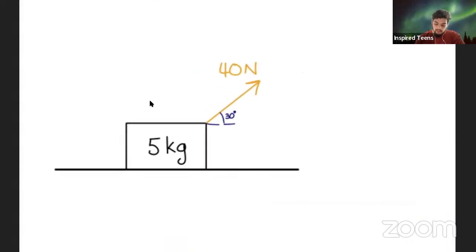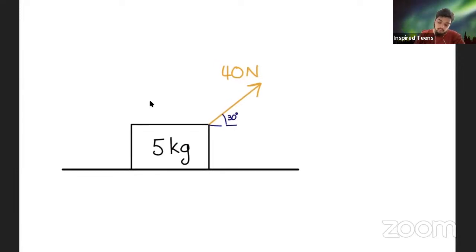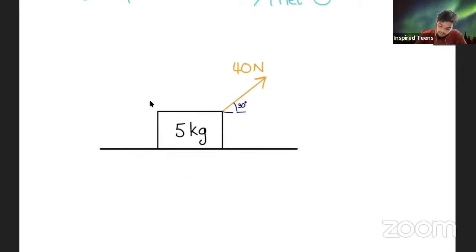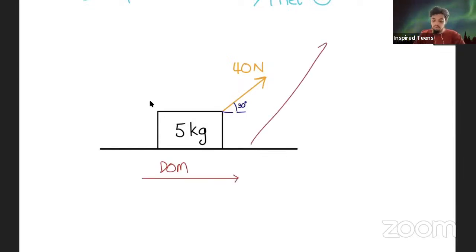Let's go to a diagram below where we have a 5 kg box on a flat surface, and it is being pulled by a 40 Newton force in the upright direction. Firstly, we can note that the direction of motion for this object is to the right. Even though it's pulling up, this object is not going to move up.